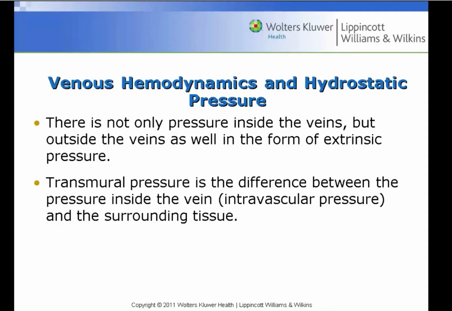There's not only pressure inside the veins, but outside the veins as well, in the form of extrinsic pressure. Transmural pressure is the difference between the pressure inside the vein and the surrounding tissue.